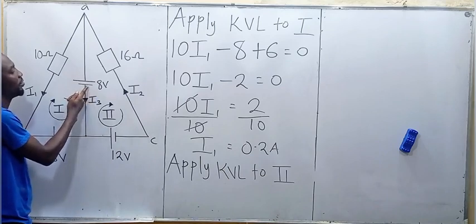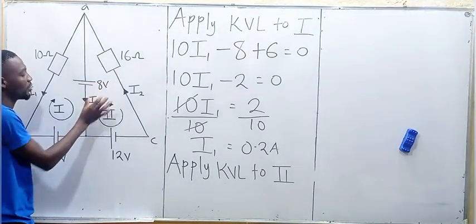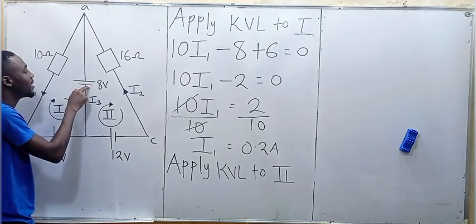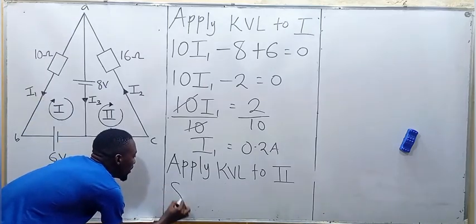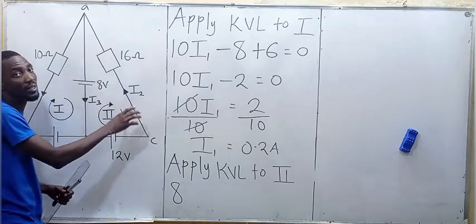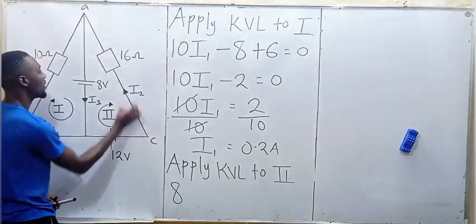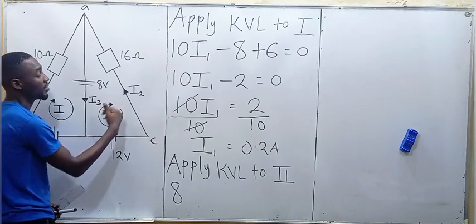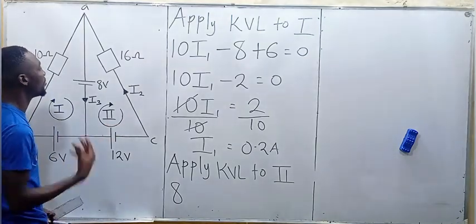Moving from negative to positive across a voltage source, we do not consider the direction of current, so that is a voltage gain of 8. Then here we have a resistor, so we consider the direction of the current. Our current is moving in this direction and we are going in this direction, so the directions are opposite, and we consider positive voltage.